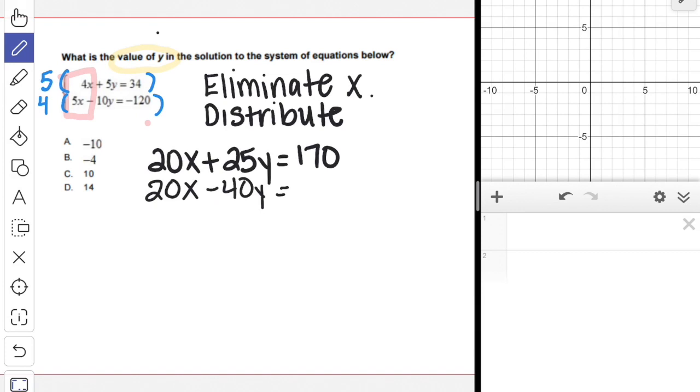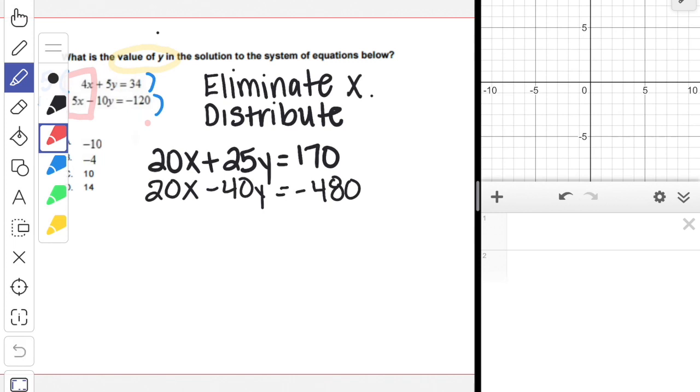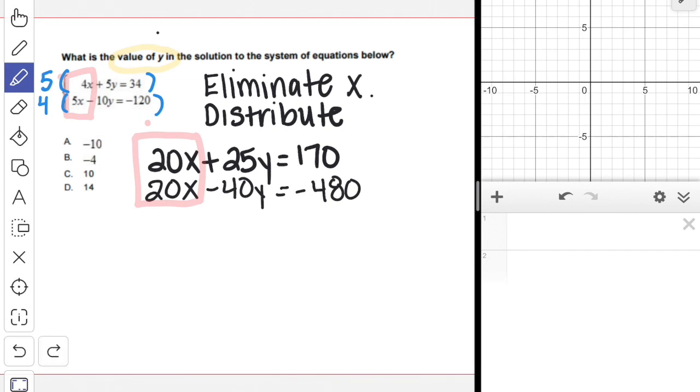And then we have 4 times negative 120, and that's going to give me negative 480. All right, so at this point, I now have the same coefficient. So I need to determine, do I need to add or am I going to subtract?